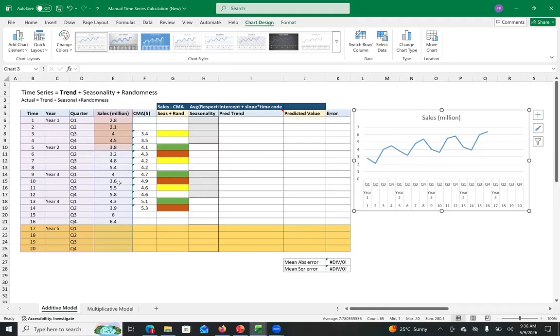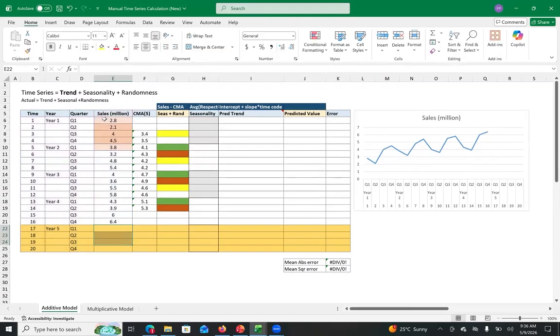Now, if I want to predict the value of my sales in the next quarters, I first need to split this time series into components, actually two components: the trend component and the seasonality component, because the random component I will not be able to predict anyway.